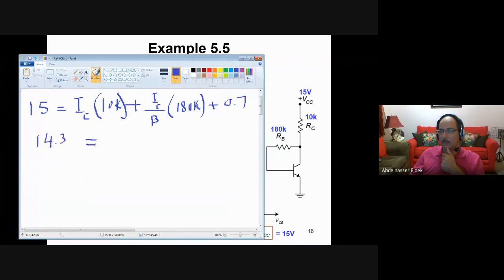14.3 volt equals, and you can take IC as a common factor here. Then you will have 10K here and 180K divided by beta. So this equals IC times 10K plus 180K divided by beta.